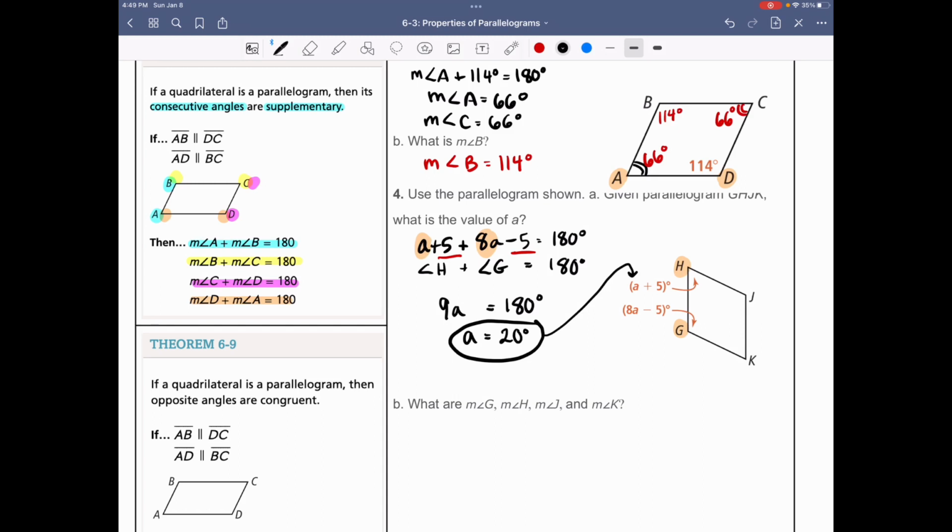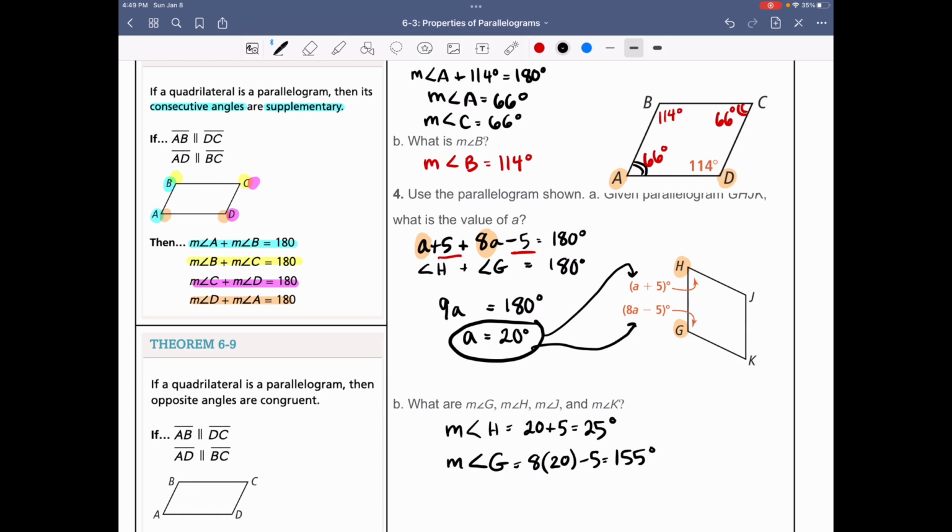So if we plug in there, then the measure of angle H is equal to 20 plus 5, so that equals 25. And then the measure of angle G, we're going to plug it into here. So that's going to be 8 times 20 minus 5. So 160 minus 5 is 155 degrees.